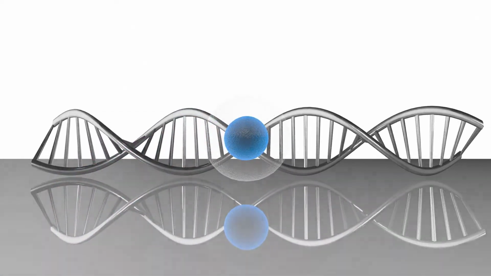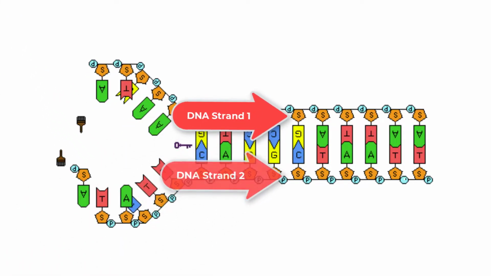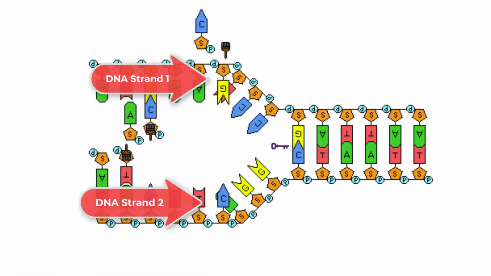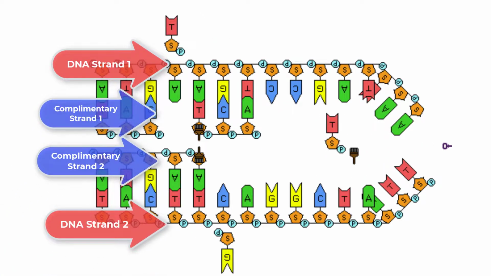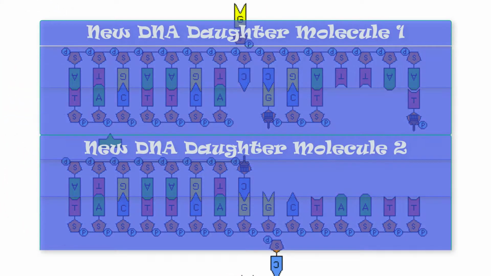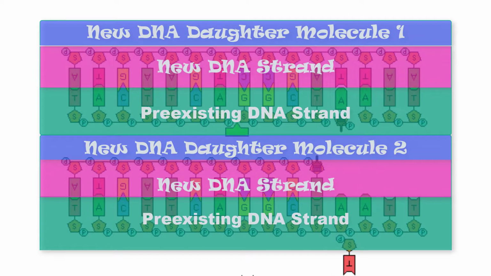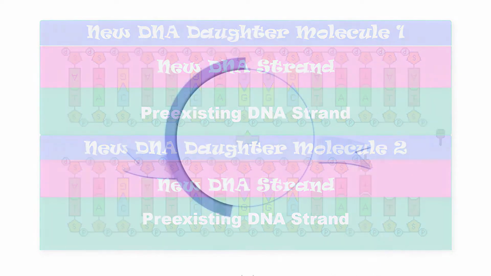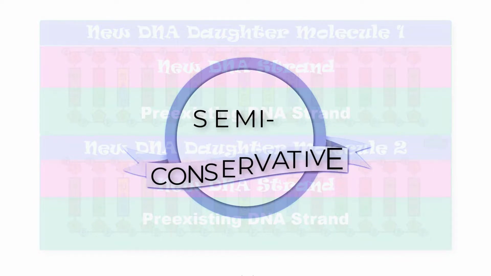During DNA replication, a number of different enzymes work together to pull apart the two strands, so that each strand can be used as a template to synthesize the new complementary strands. The two new daughter DNA molecules each contain one pre-existing strand and one newly synthesized strand. Thus, DNA replication is said to be semi-conservative.